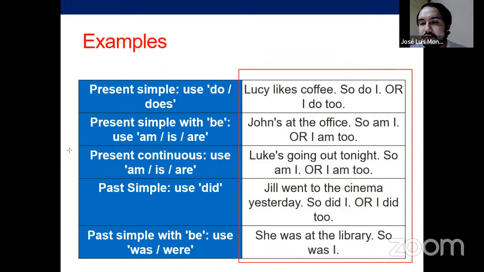John's at the office, so am I, or I am too. Luke's going out tonight, so am I, or I am too. Jill went to the cinema yesterday, so did I, or I did too. She was at the library, so was I.